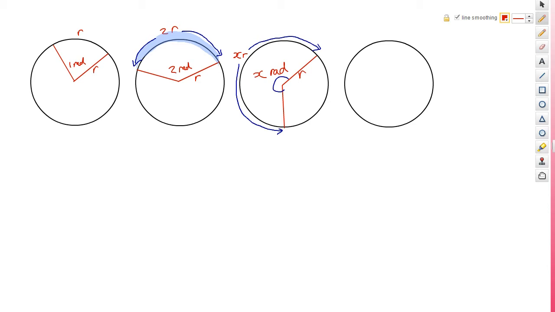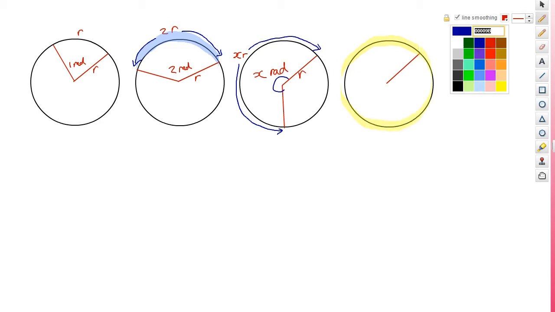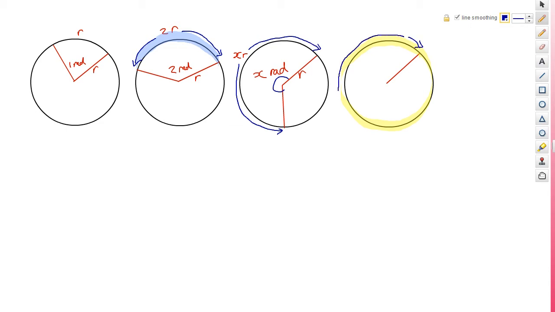And so finally, let's just look at what happens if we go all the way around the circle. We already know the size of that arc length, because as we talked about in the last page, the arc length all the way around the circle is the circumference. In other words, the distance going all the way around is 2 pi r. We all know that. That's what we call the circumference of a circle.